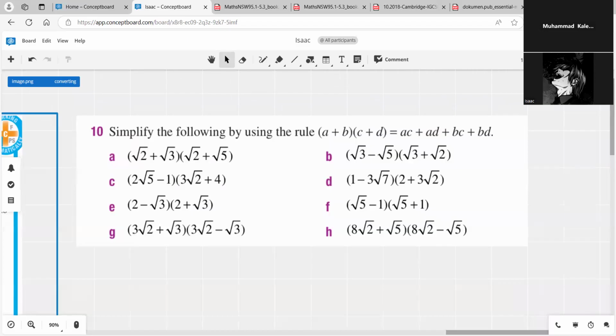I got 261. 261? Yeah, that's not the answer.